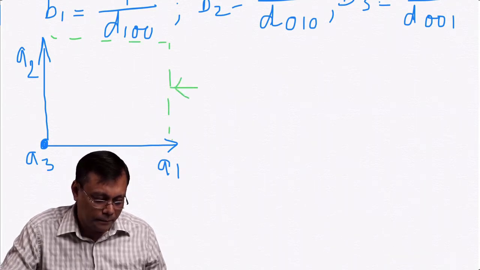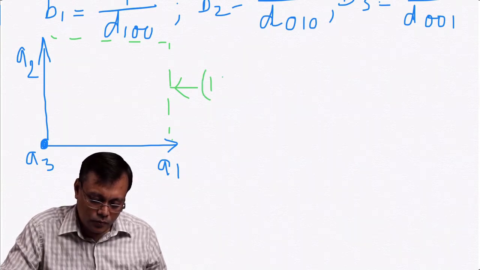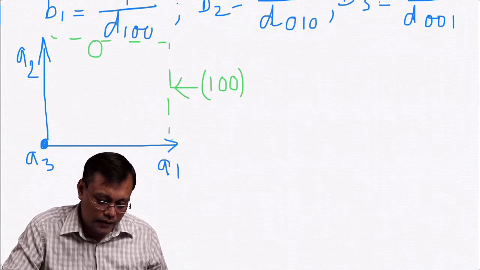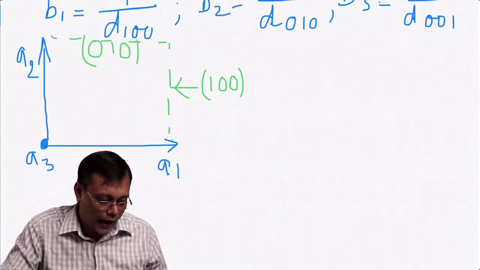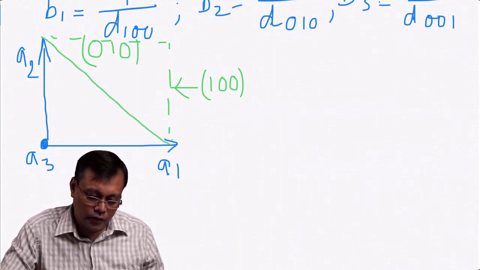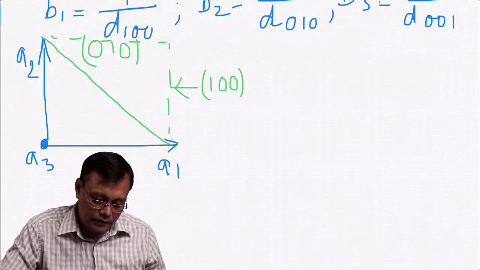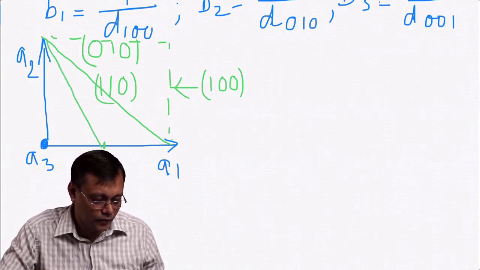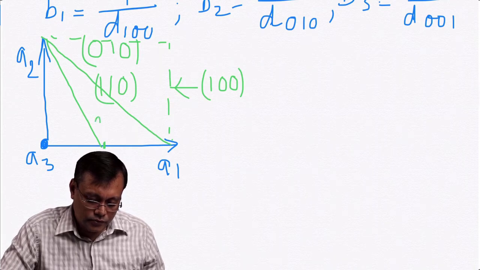So this particular plane is the 100 plane, and this one is the 010 plane, and if I simply join this end, then the plane is the 110 plane, or if I simply join this, then this plane should be 210.